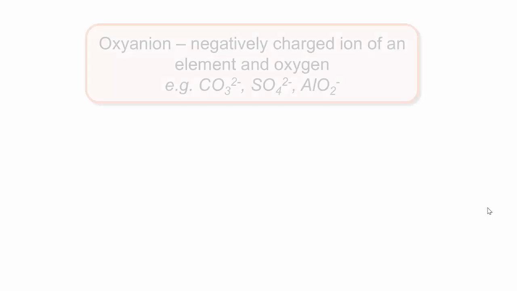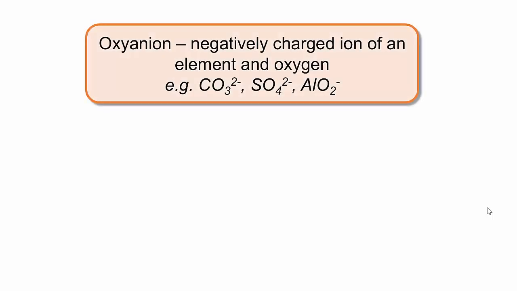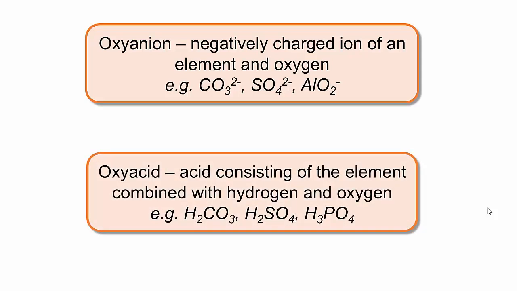Now, what this means, an oxyanion is a negatively charged ion of an element and oxygen. Basically just a non-metal combined with oxygen tends to have a charge, that's why it's an anion. An oxyacid is, as it says, an acid. So as you see, for the oxyanions, we've got, for example, carbonate, CO3 2-.